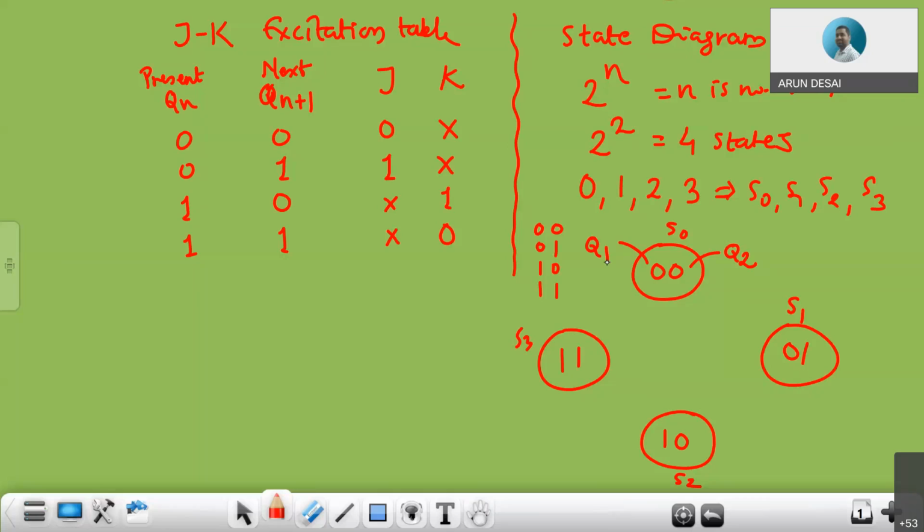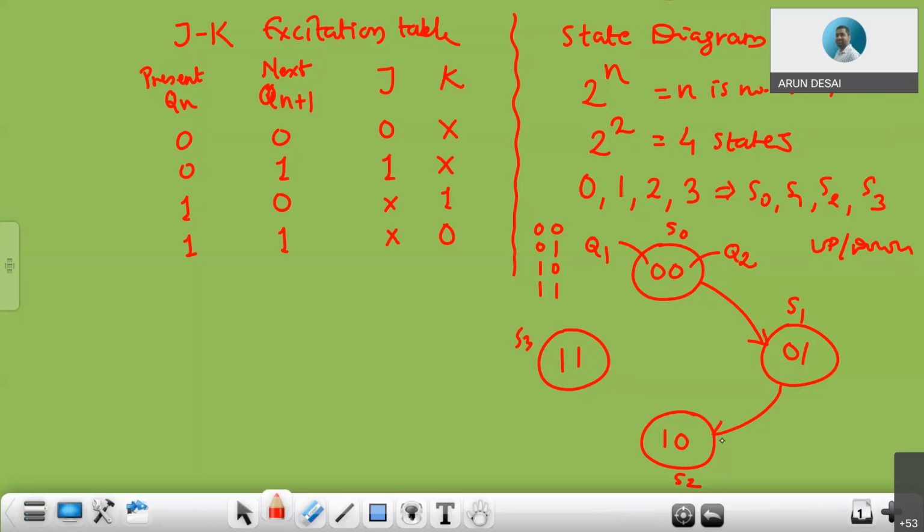Now, what we need to draw in the next step is to find whether my counter is an up counter or a down counter, which needs to be shown in the state diagram. There are four states: S0, S1, S2, S3, and since my counter is an up counter, it is incremental, in the upward direction, right? So this is my first transition.